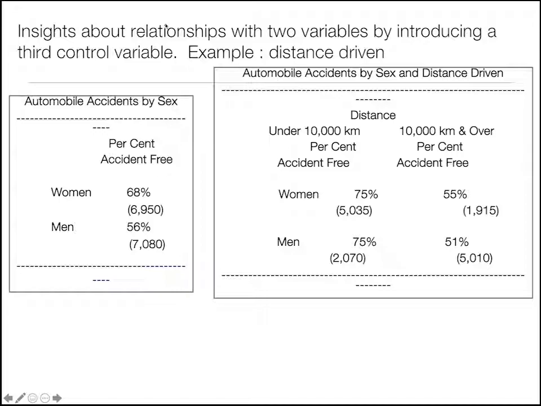This control variable takes into account the fact that in this data set, women were driving less, and because they drove less, they had fewer accidents. So it's not necessarily true with this data set that women were safer or better drivers. If you took distance into account, the initial difference of around 12% goes away, and we're left with numbers that are very similar for men and women.